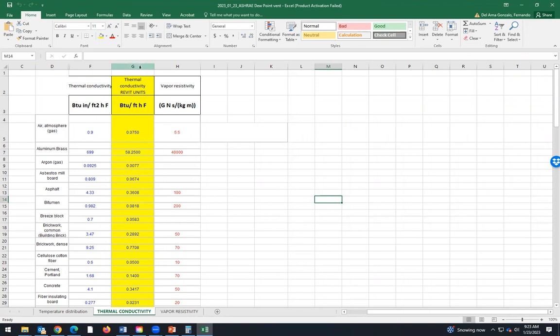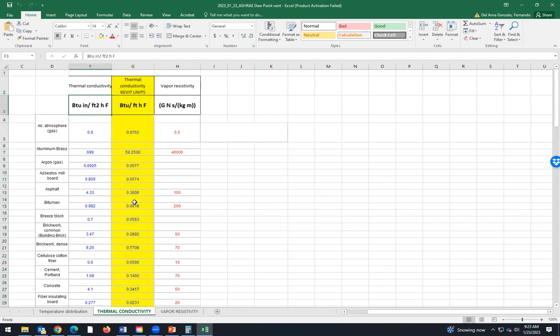Why do we need both? We're going to do that with Revit too. Today we're not using Revit, but we can do this in Revit. And in Revit, we have these units. But in other tools, we have these units.